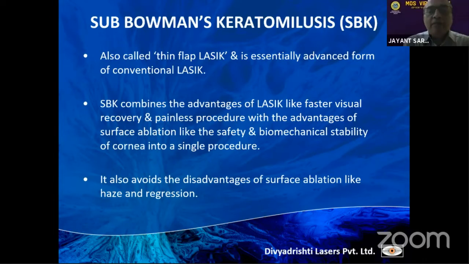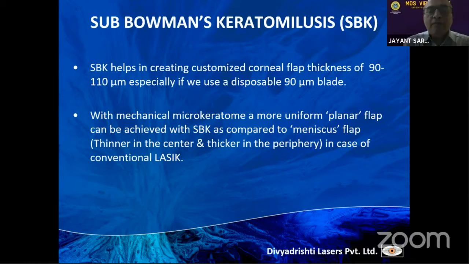It creates a customized corneal flap of 90 to 110 microns with a mechanical microkeratome, a more planar flap rather than the meniscus flap of a LASIK. So this is the comparison between the flaps, and the electron micrograph from the femto-LASIK and SBK with Moria.